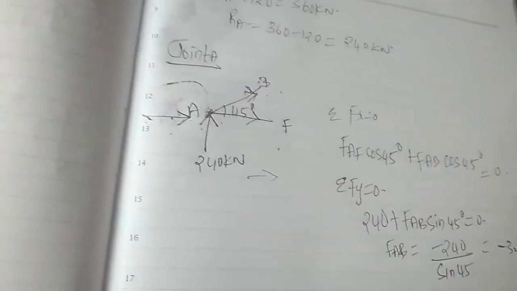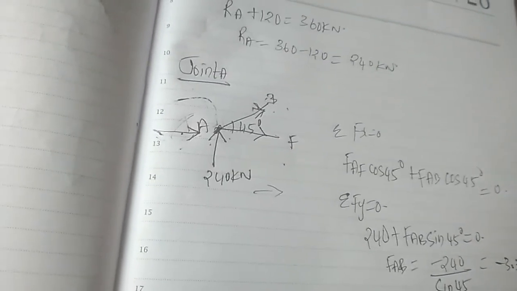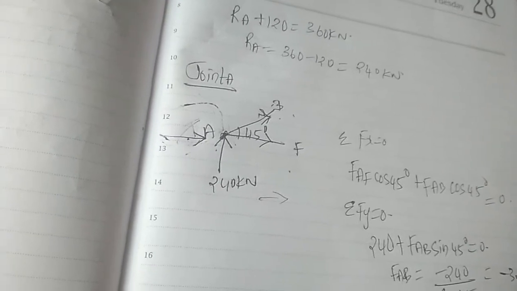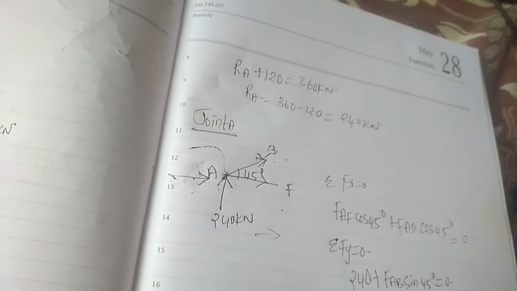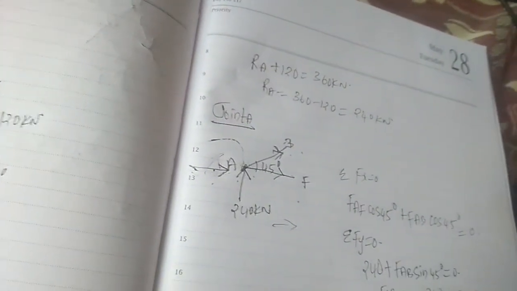So minus 240 divided by sine 45 degree, so it will become 339 point.